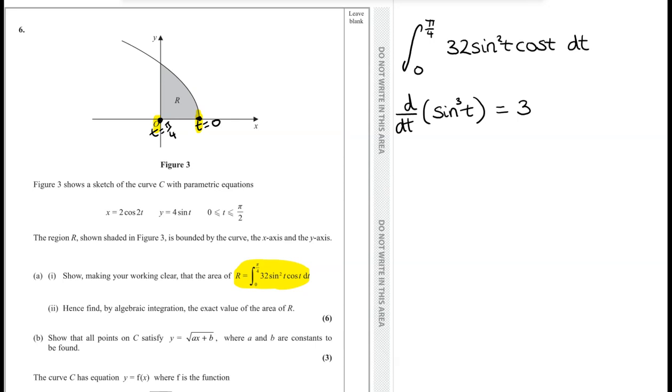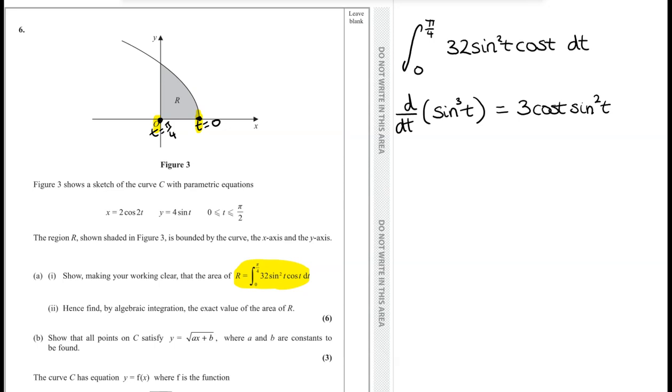And then you'd multiply by the derivative of sine t. So if you did it by the chain rule, you'd let u equal sine t. Differentiate sine t, you get cos. And then your u cubed would become 3u squared. That's why we've got the 3 there. So that sine cubed goes down to sine squared. So if we were to differentiate sine cubed, I would get 3 cos sine squared.